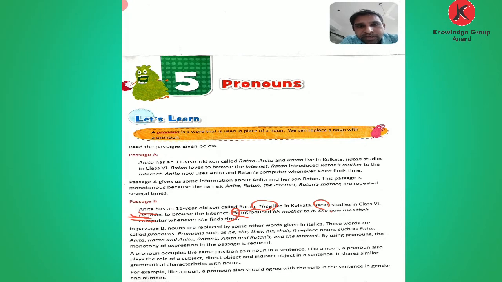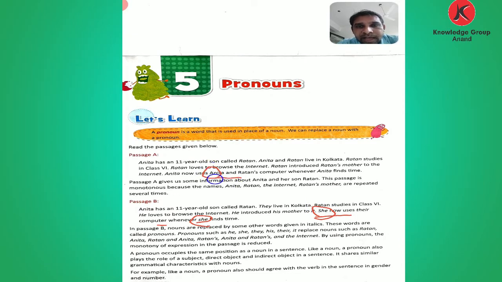He introduced his mother to it. What is "it"? The internet. Then comes "she". She now uses their computer whenever she finds time. Here we use the pronoun instead of the noun.